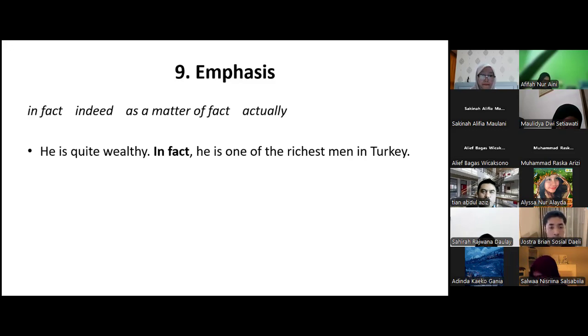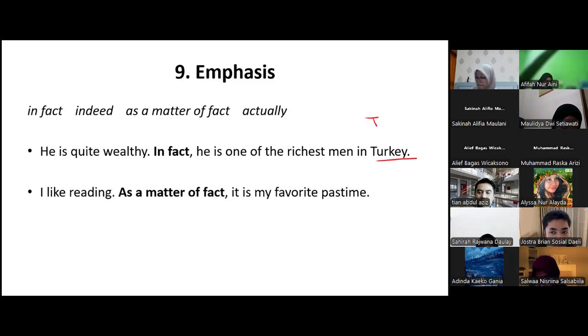Actually, we know that the name of the country has changed; the latest spelling is Türkiye. Because if we write Turkey, it may be confused with the big animal, like chicken. So the latest writing is Türkiye.